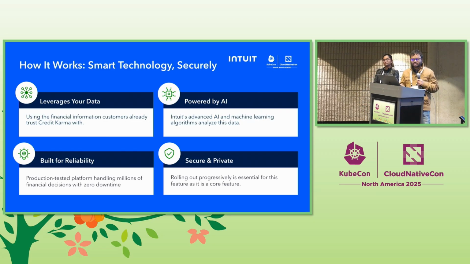Before I talk about that problem and solution, I just want to lay out the core principles by which we technically build a solution. We want to leverage members' data, which they have entrusted Credit Karma with, and feed it to Intuit's advanced AI and ML algorithms and get powerful insights out of it.